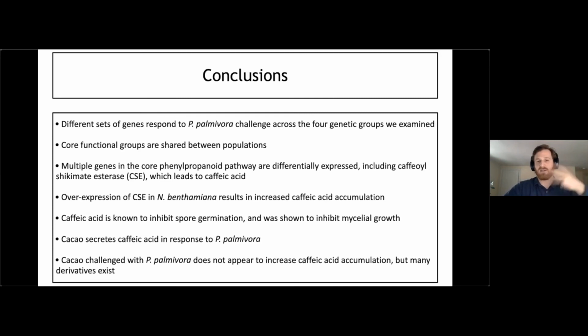Overexpression of this gene results in increased caffeic acid accumulation in tobacco, and we showed that caffeic acid significantly inhibits mycelia and is mobilized to the site of pathogen infection. However, cacao challenged with Phytophthora palmivora does not appear to accumulate caffeic acid, a little bit counterintuitively, but there are some potential explanations.